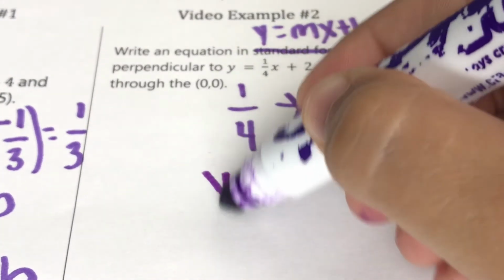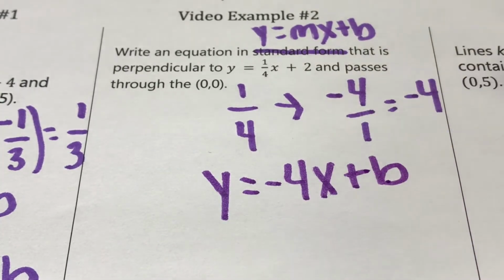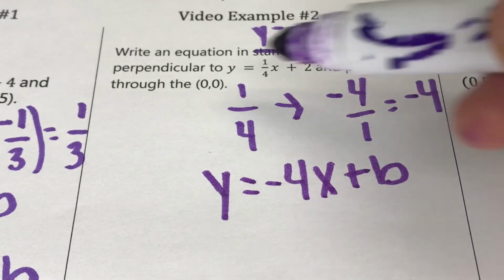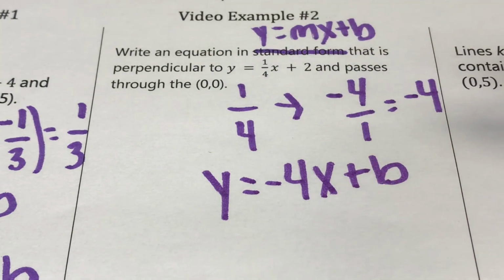So let's write it. Y equals negative 4x plus b. If we want this line to pass through the point 0, 0, which is also called the origin, we're going to plug in 0 for y and 0 for x.